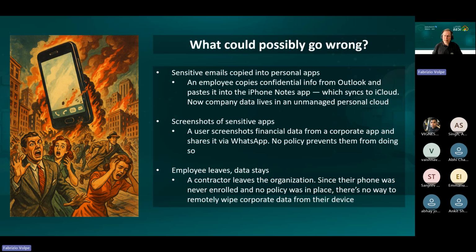With them saving the information in their personal cloud or Google Drive, the company data is potentially exposed to any kind of hacking or security problem. Without controls, it's also possible to take screenshots of sensitive apps. Somebody could take screenshots of your financial information, patents, whatever it is, and share them on WhatsApp, on the socials, wherever they want.